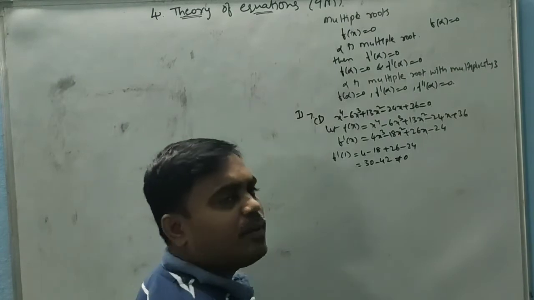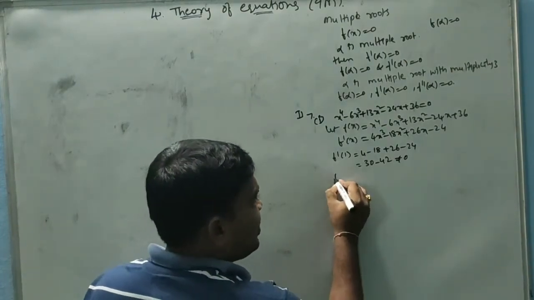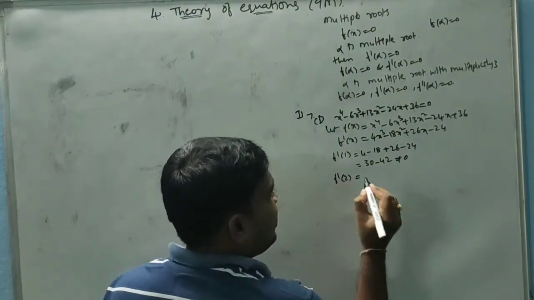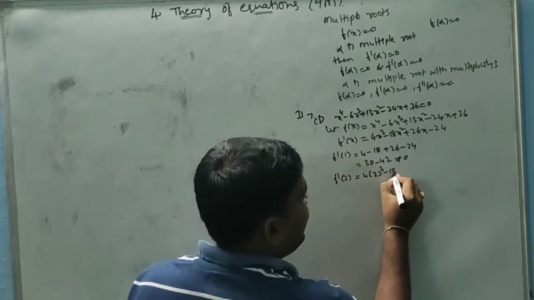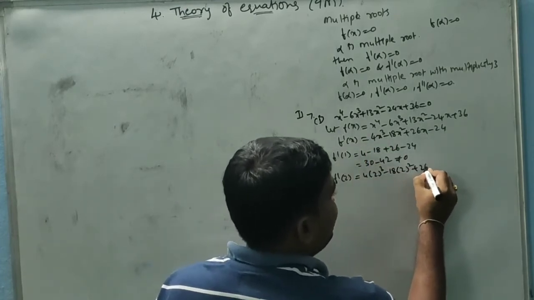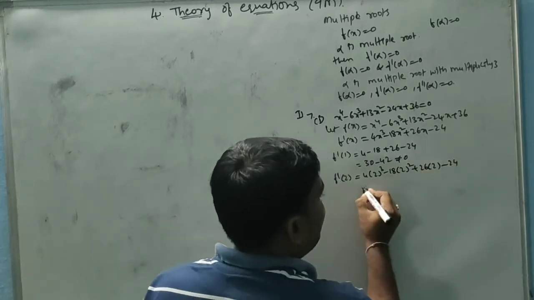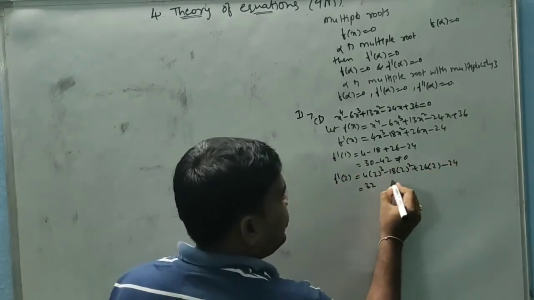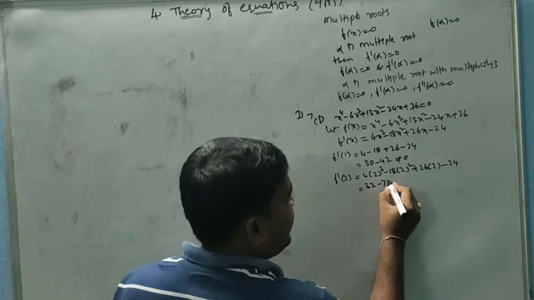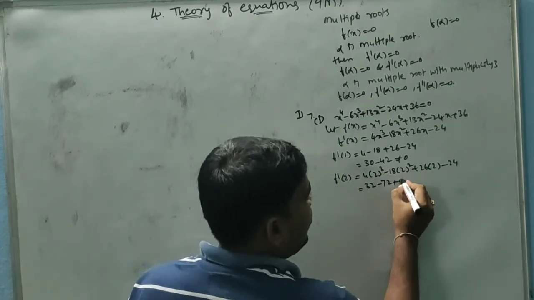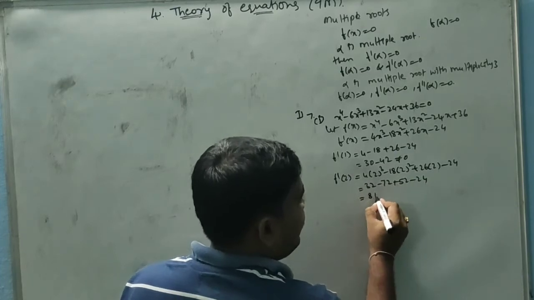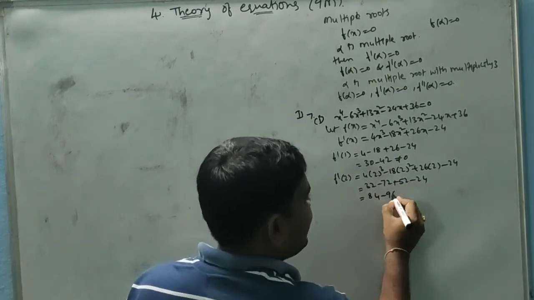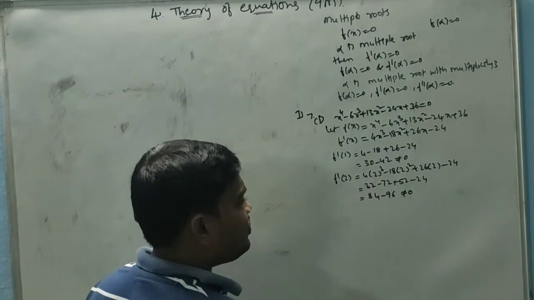So 1 is not a multiple root. Next, f dash 2: 4 of 2 cube minus 18 of 2 square plus 26 of 2 minus 24. 2 cube 8 into 4 is 32, 4 into 18 is 72, 26 into 2 is 52, minus 24. 32 plus 52 is 84, minus 96. This is also not equal to 0.